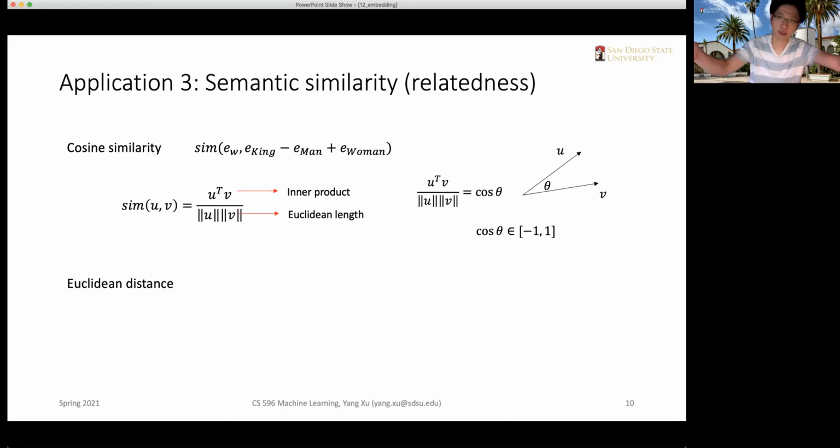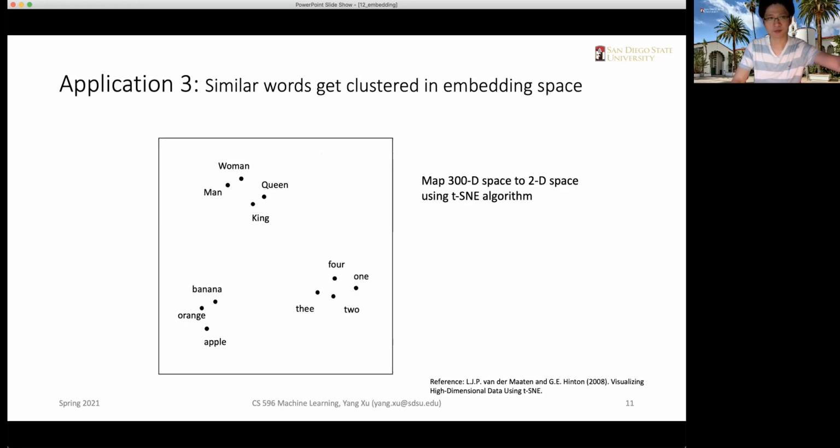And if it's -1, then the two vectors are pointing in opposite directions. Okay? And Euclidean distance can also be used, but when people want to find similar words, it's usually the cosine similarity that's most commonly used.